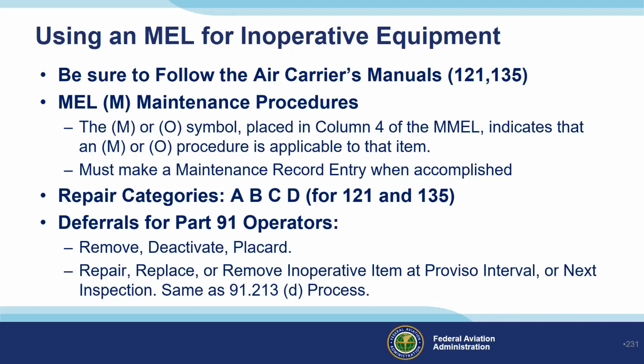But if the proviso in the MEL says like must repair within 3 flight days or something to that effect, then they do have to comply with the proviso. They don't have to comply with the repair category, but if it states in the proviso that it's going to be repaired within a certain period of time, they do have to comply with the proviso.